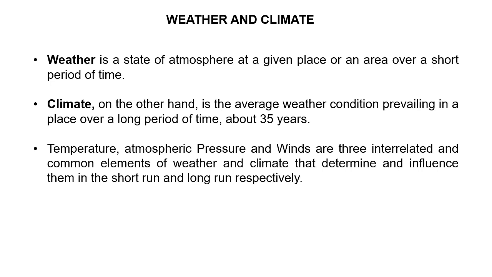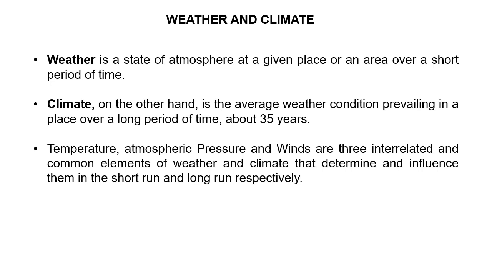So what are the elements of this? Temperature, atmospheric pressure, and winds are three interrelated and common elements of weather and climate that determine and influence them in the short run as well as in the long run. In the long run you can define climate, and in the short run you can define weather.